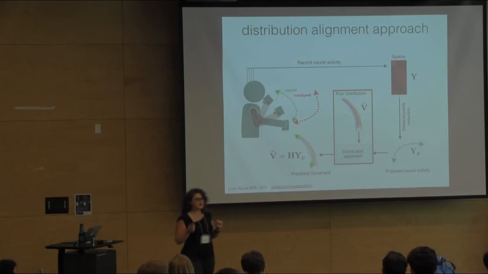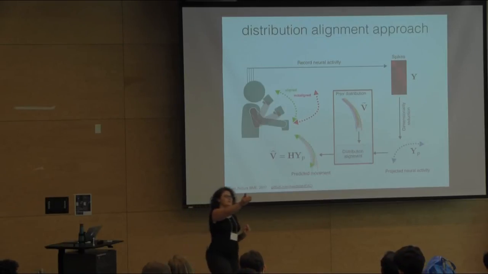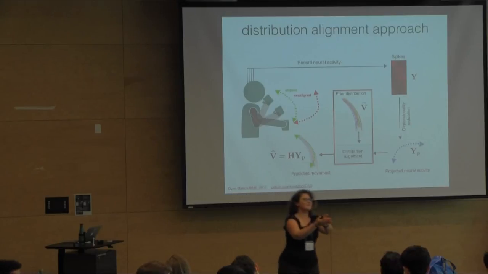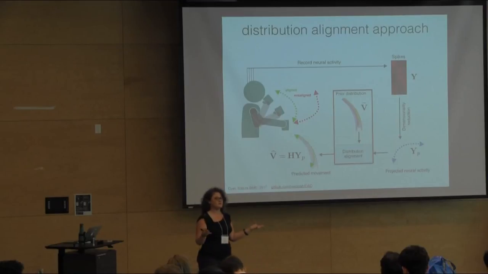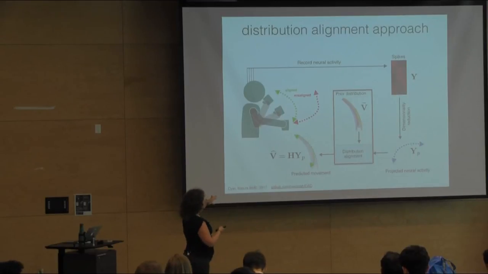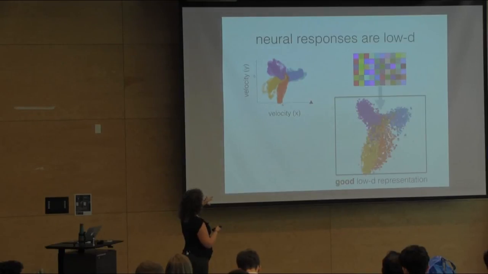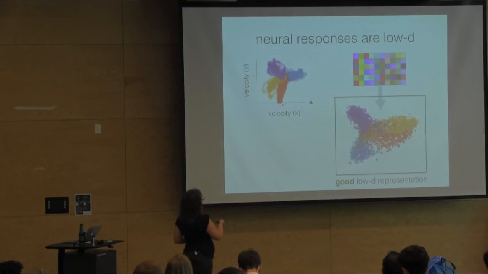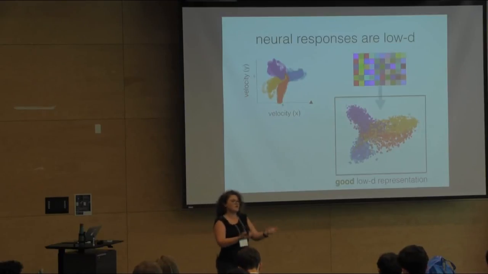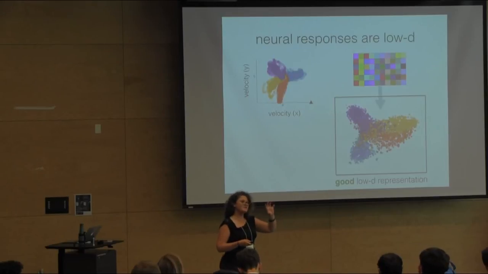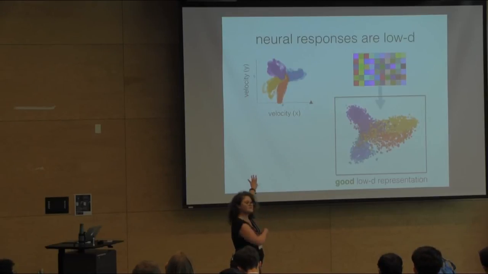So what this means is that, going back to Emily's question about whether this is an arbitrary coordinate system, this is an example where we've done dimensionality reduction and preserved the structure in the data, but it's a rotated or affine transformation of the actual movements of interest.